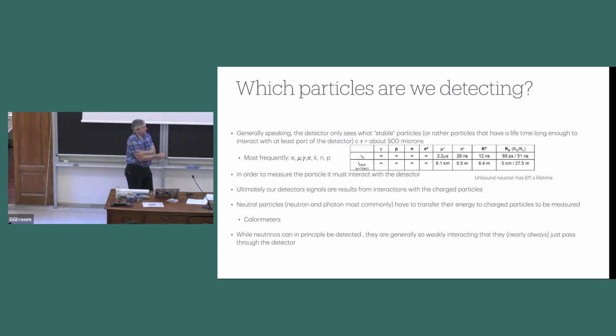And so the list of all the particles in the particle data book is much shorter. There are things that are, as far as we know, fundamentally stable, like the proton and the electron, which have an infinite lifetime.